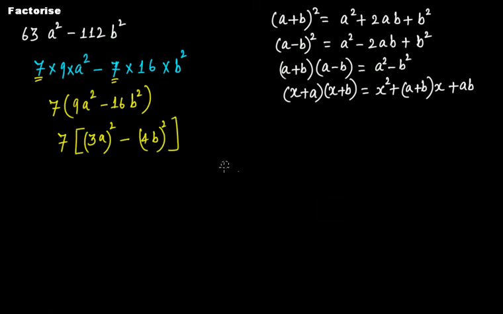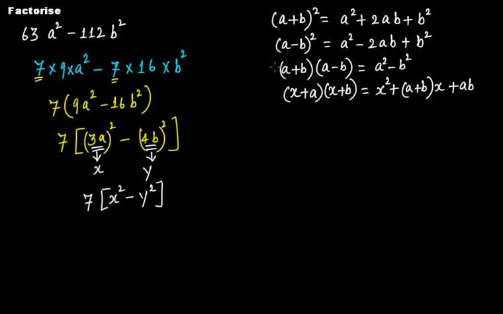So from this one, now if you take 3a as x, and if you take this 4b as y, then this is 7 times x squared minus y squared. This you can relate with this identity, that is a squared minus b squared is equal to a plus b multiplied by a minus b.